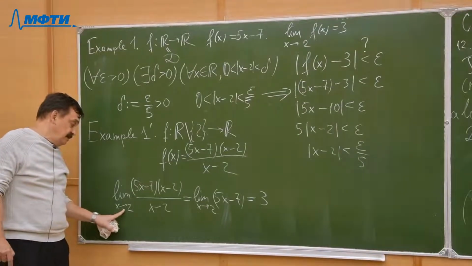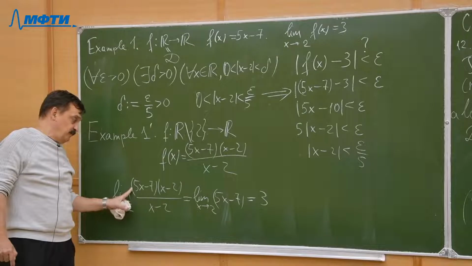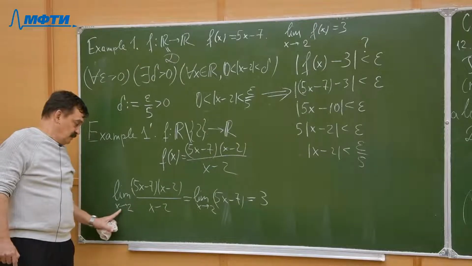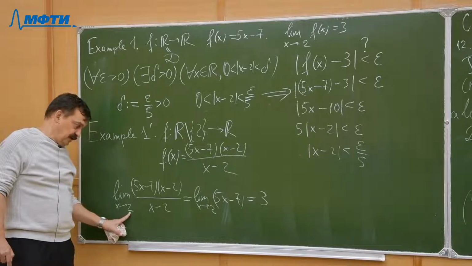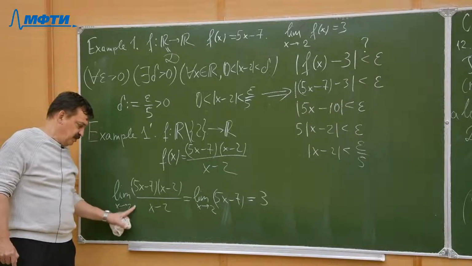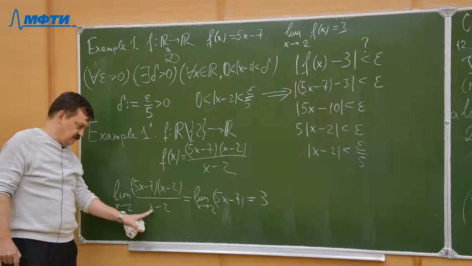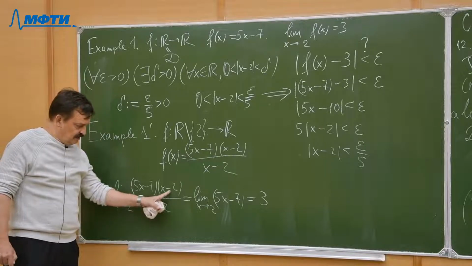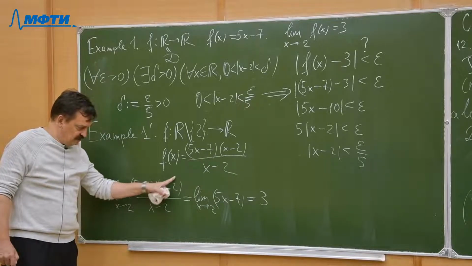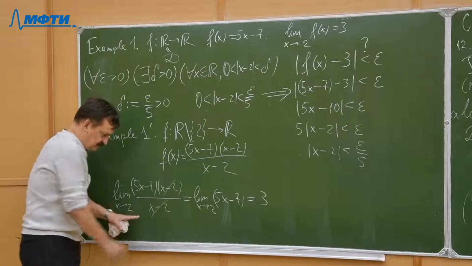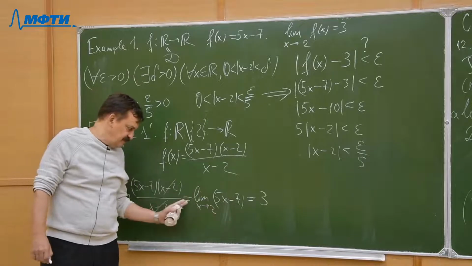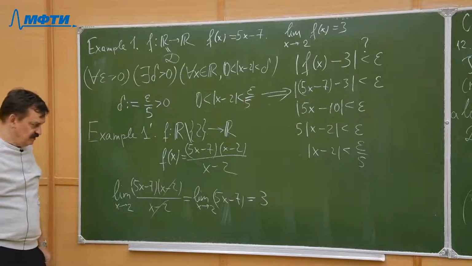So it means when we want to compute the limit as x tends to 2, then we can exclude x equals to 2. And if x is not equal to 2, then x minus 2 is not 0, hence we can cancel this expression. And that is why this first equality is valid.